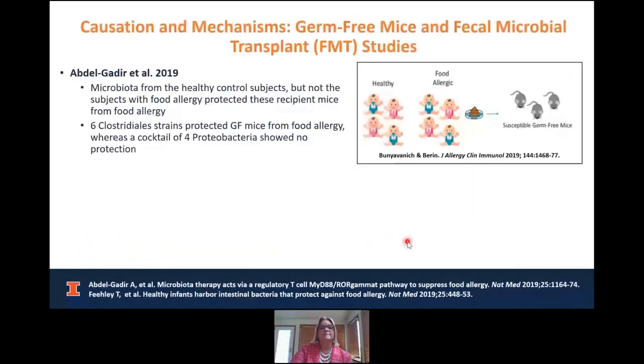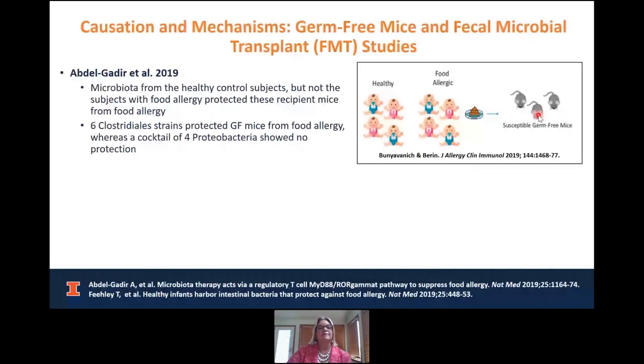And then just to finish up, this has gone into germ-free animals who are susceptible to allergy, and fecal microbial transplants. This group showed that microbiota from healthy control subjects, but not subjects with food allergy, protected recipient mice from developing food allergy when they were challenged.